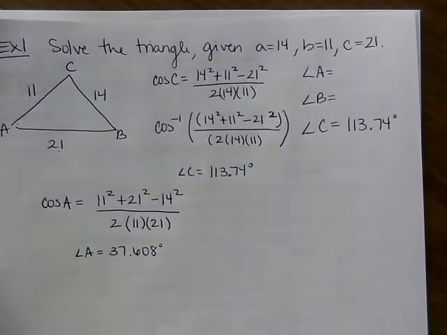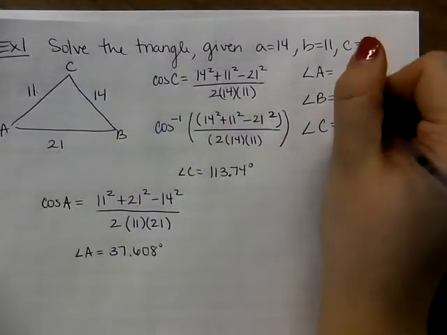Let's make sure I can get some verification there. Did you get that? Okay, good. So now the good news is we have two angles. If we have two angles, we know that there's 180 degrees in the triangle.